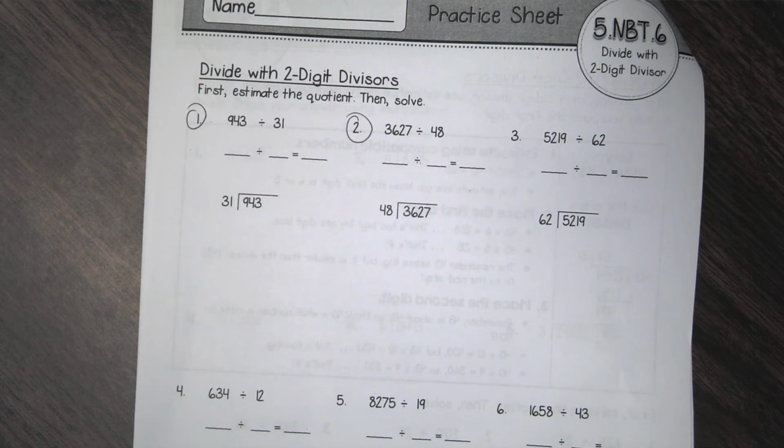You put a 0. I did. So then, what's 0 times 10? So what's your remainder? There you go.